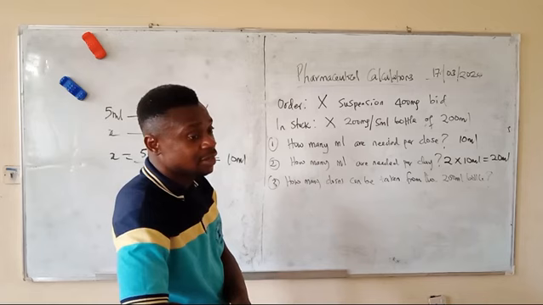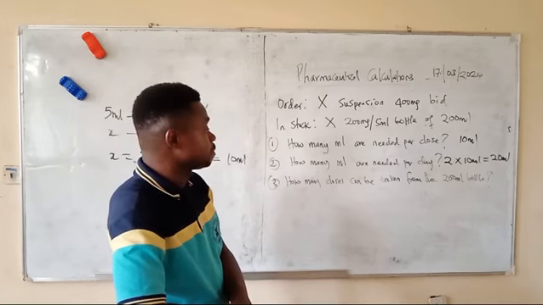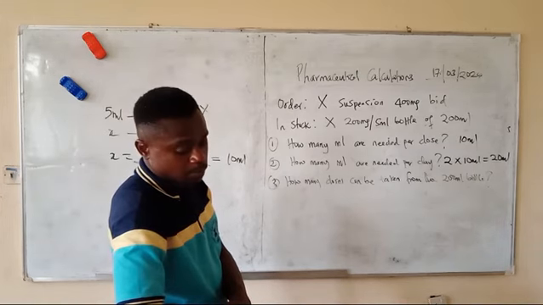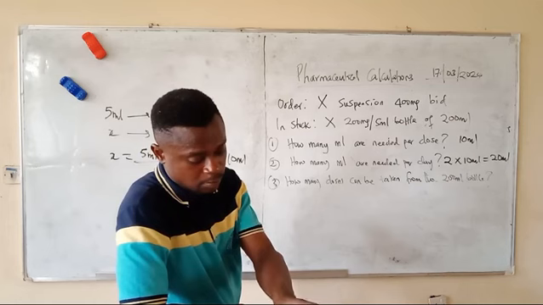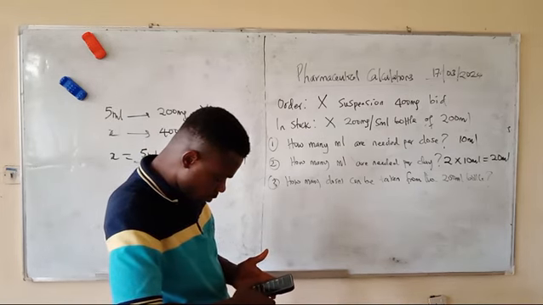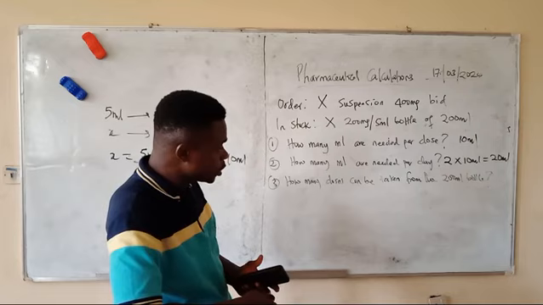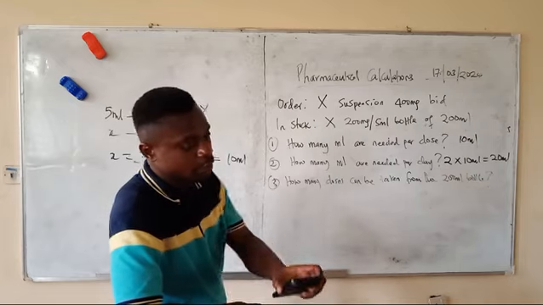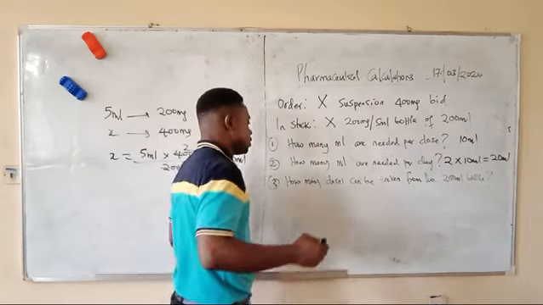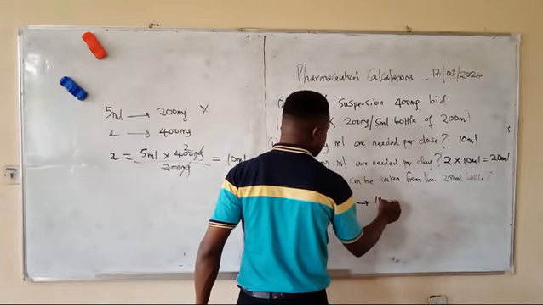How many doses will it be? Okay, 200 ml. So how many doses? Is it 20 doses? Yes. Good. It's 20 doses, because one dose is 10 ml, right?